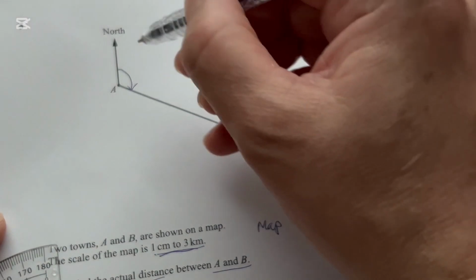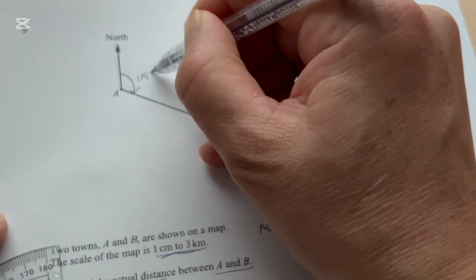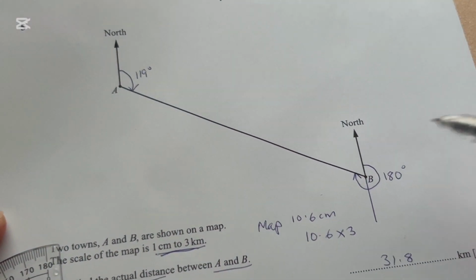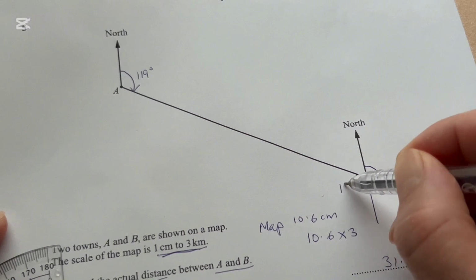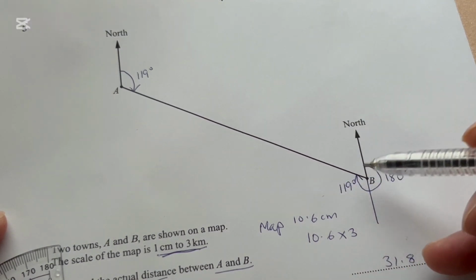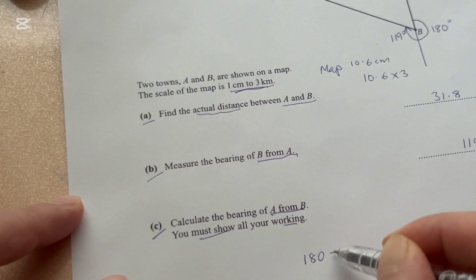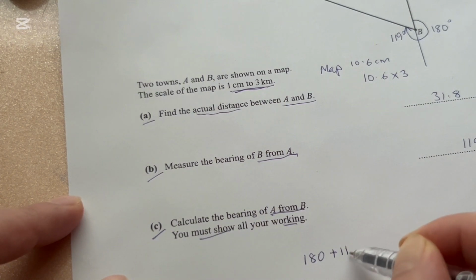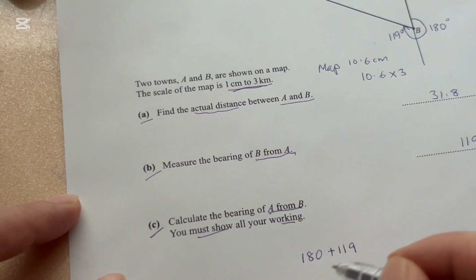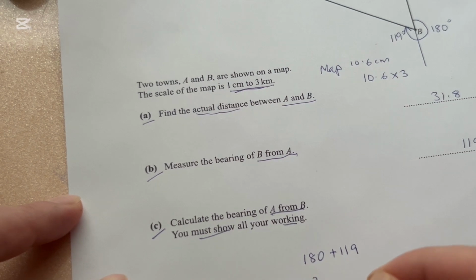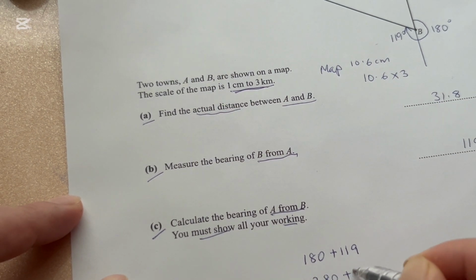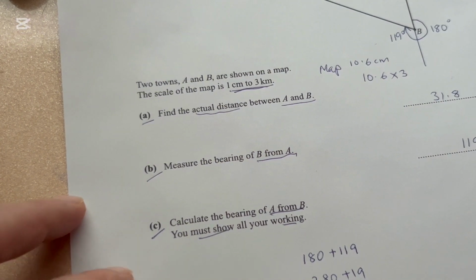And then this angle we've just found out, which is 119 degrees. And then this angle should be 119 degrees because the alternate angles are equal. 180 plus 119. That'll give you 280 plus 19. That'll give us 299 degrees.